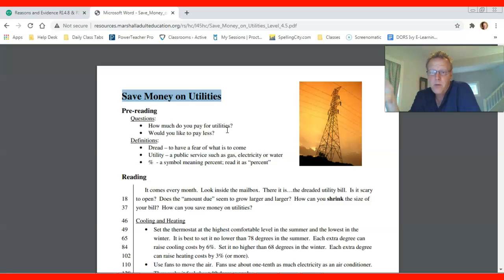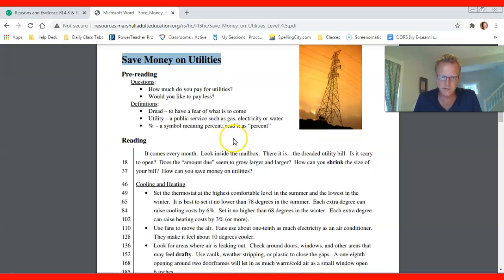Would you like to pay less? Well, that's a good question. I mean, we'd all like to pay less. So if you're asking me, just by looking at the title, Save Money on Utilities, I already know that this article is going to be about helping me save, maybe giving me some examples, evidence, reasons for saving money on utilities.